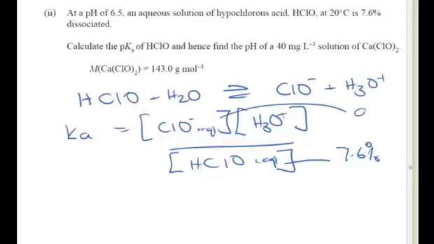And that number there is 92.4, and the pH of 6.5 gives the hydrogen ion concentration to go there, so we can do a calculation there to work out the Ka.